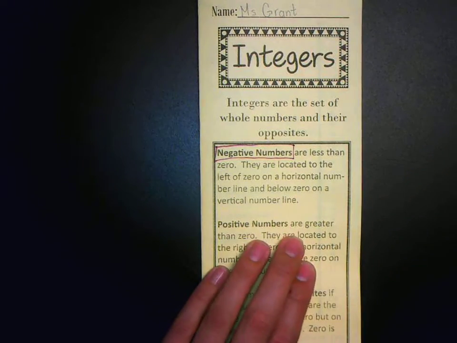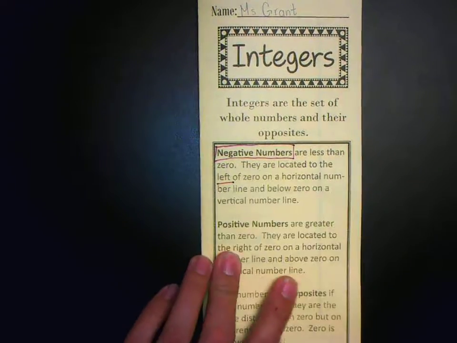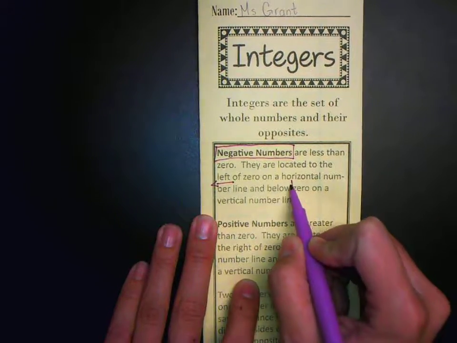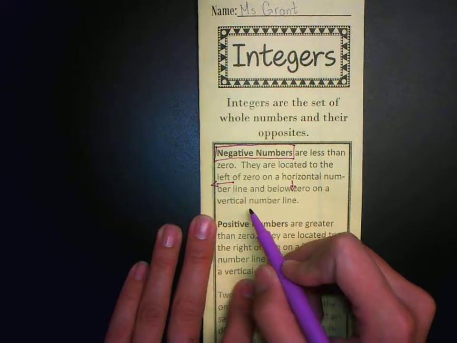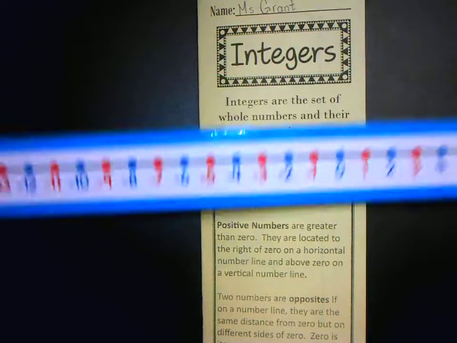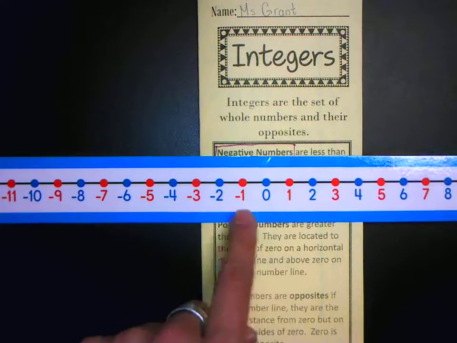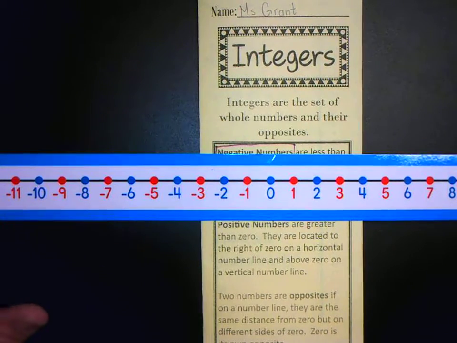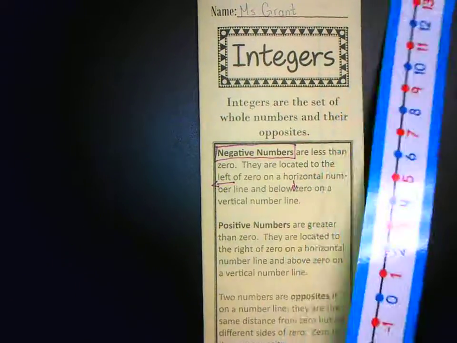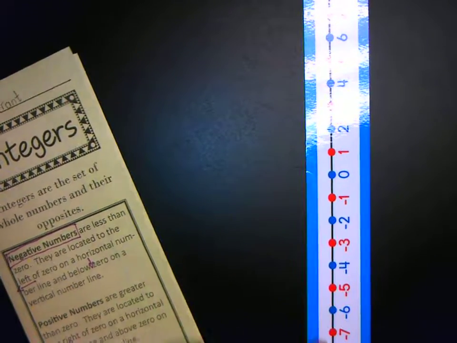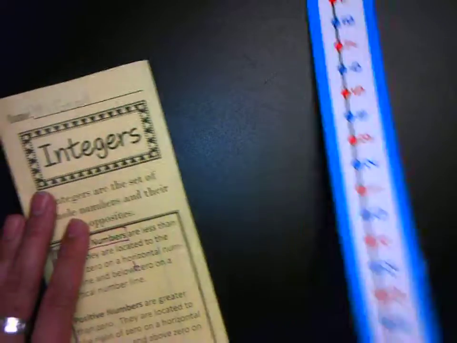They are located to the left of 0 on a horizontal number line and below 0 on a vertical number line. So if we look at our number line here, this is a horizontal one because it goes from left to right. You see all of our negative numbers are to the left of 0. If I flipped my number line so it looked more vertical up and down, you notice that my negative numbers are now below 0.